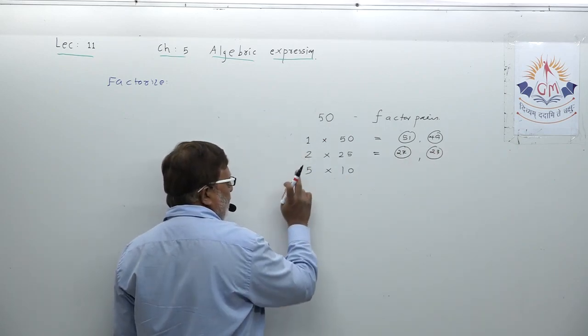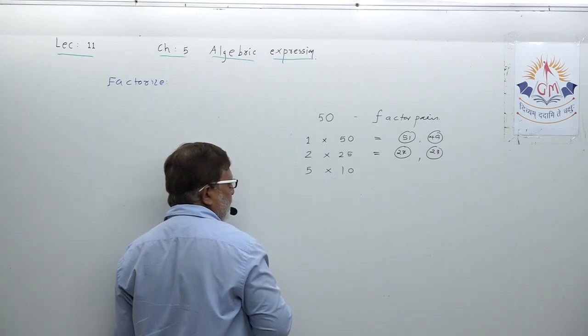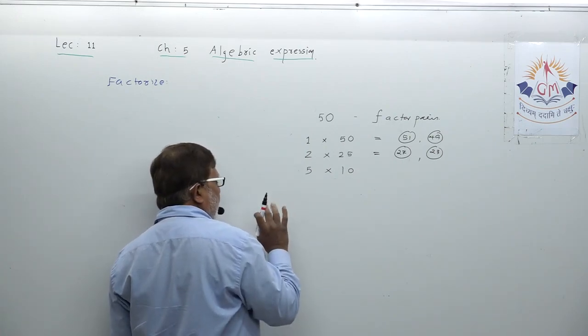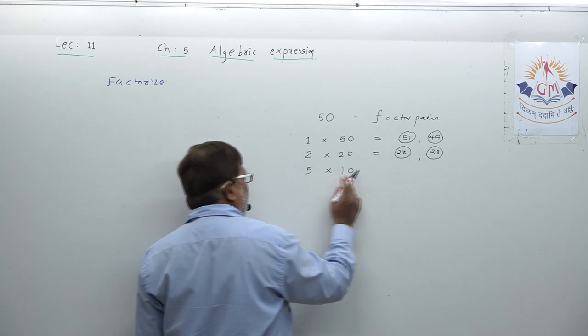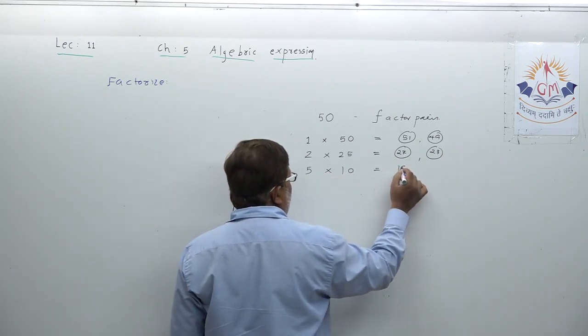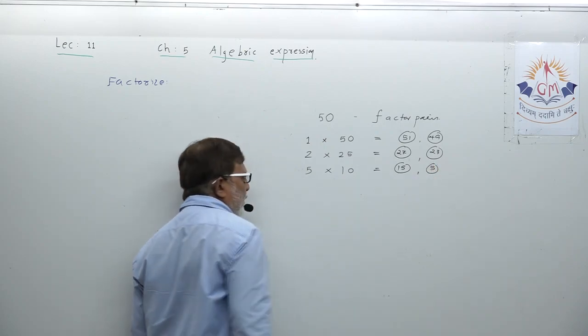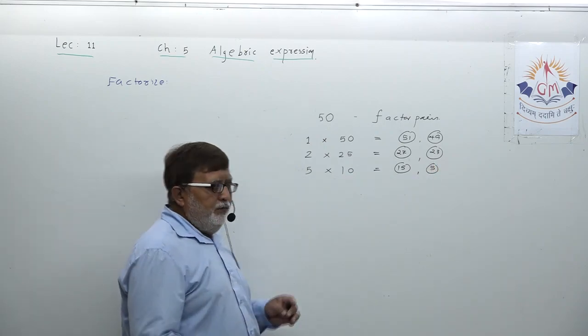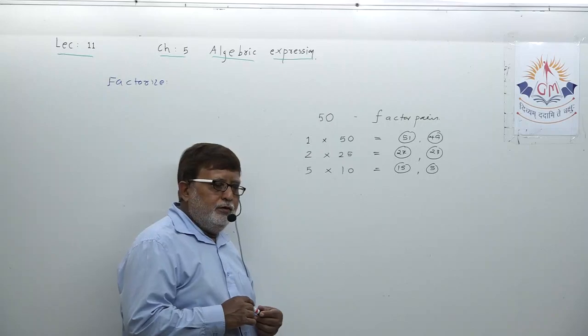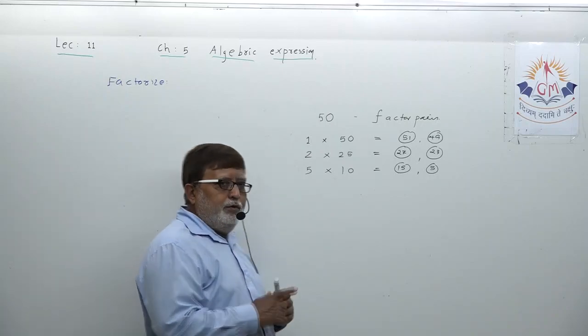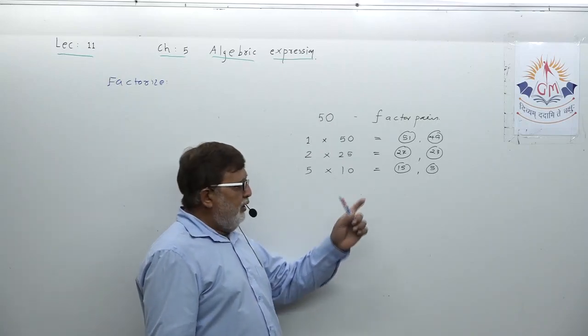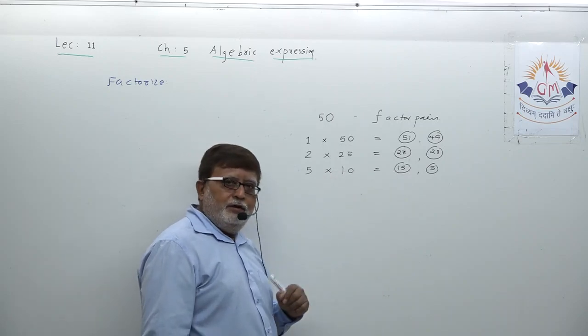Similarly, dear student, 5 and 10 are factors of 50. If I add them, I get 15. If I subtract them, I get 5. Now, if I ask you the reverse question, which factors of 50 have addition 15? 5 and 10.